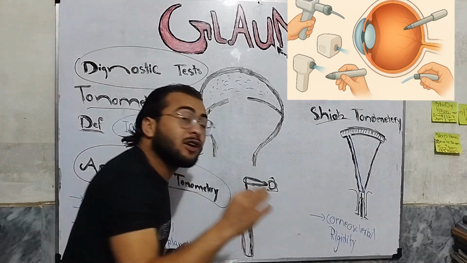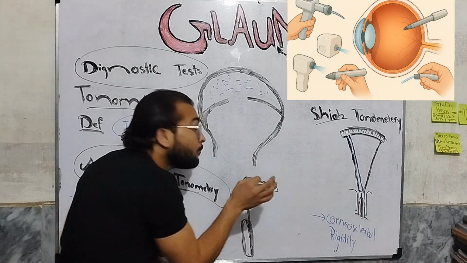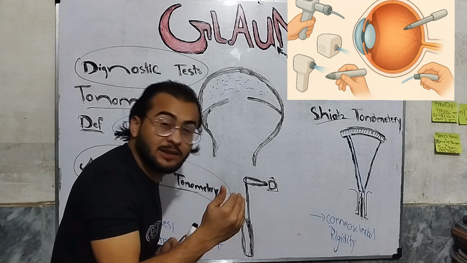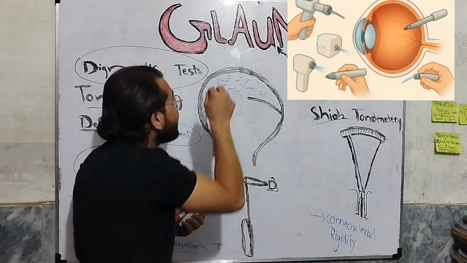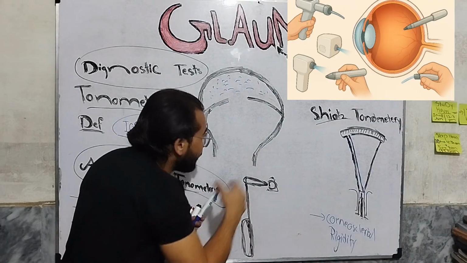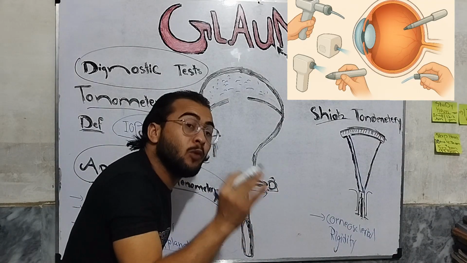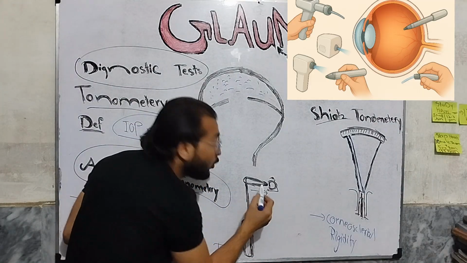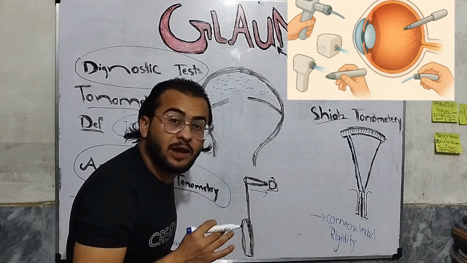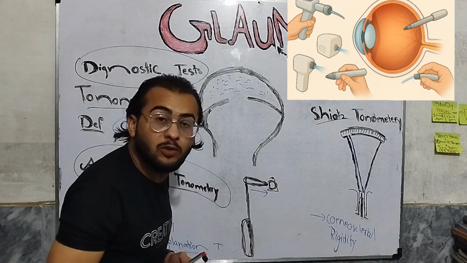When there is corneal thickness, what will happen? We need to apply more pressure in order to flatten the cornea. So it will give us more pressure than is really present, because we have to apply more pressure to flatten the thick cornea, which will give us more pressure than the actual value.